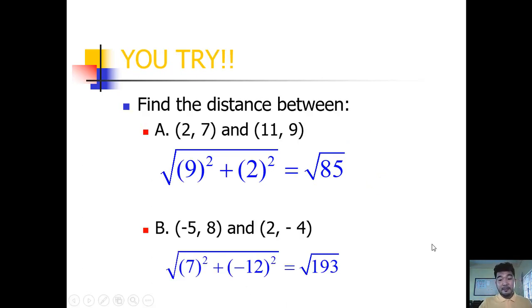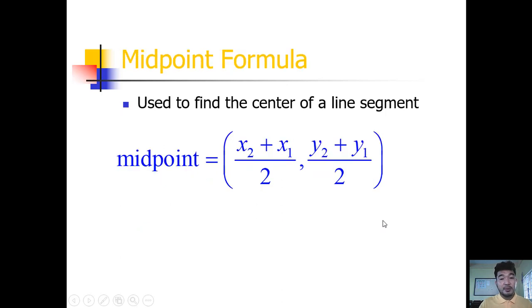Okay? We move on to the midpoint formula. Midpoint formula meaning we have to find the middle point. Pag sinabi natin middle point, ito yung pinakagitna ng dalawang points. Okay? And then, kung meron tayong midpoint, yung portion from the midpoint to any point of that 2 points, equal silang dalawa. Okay? Kaya siya tinawag na midpoint.